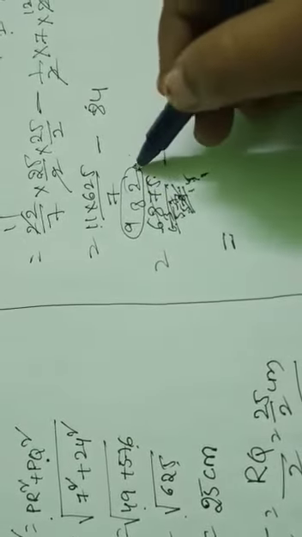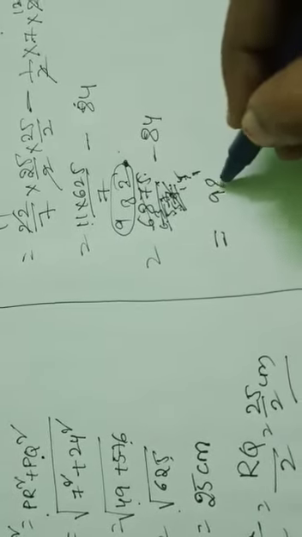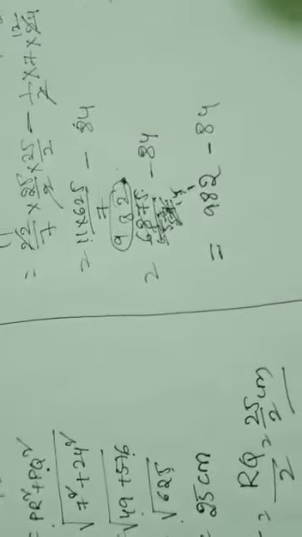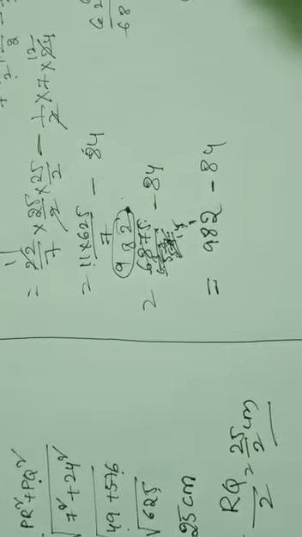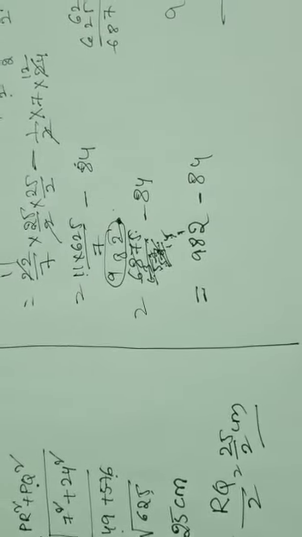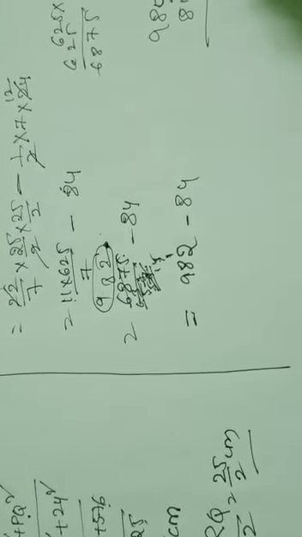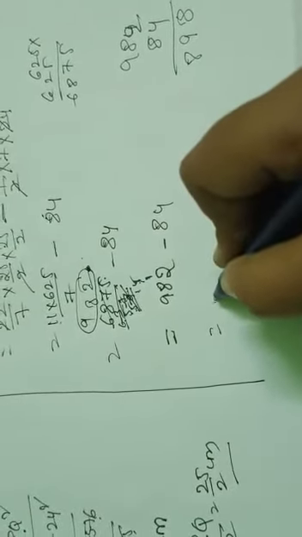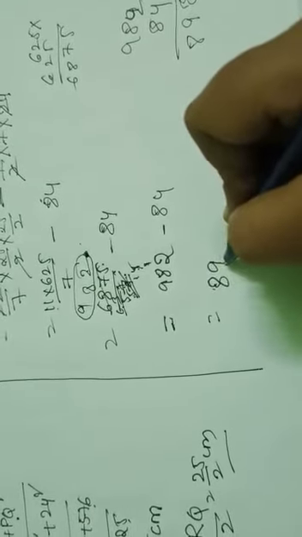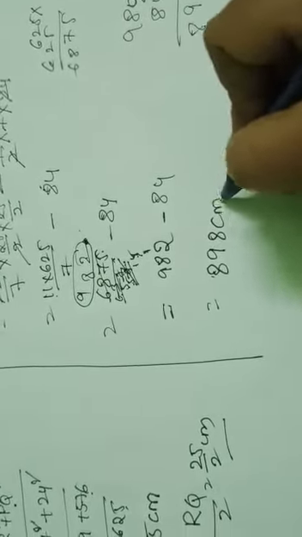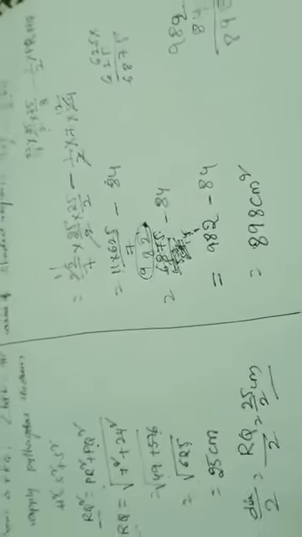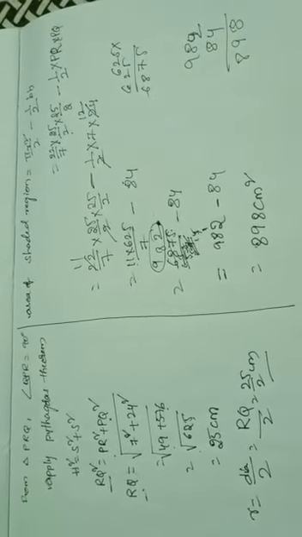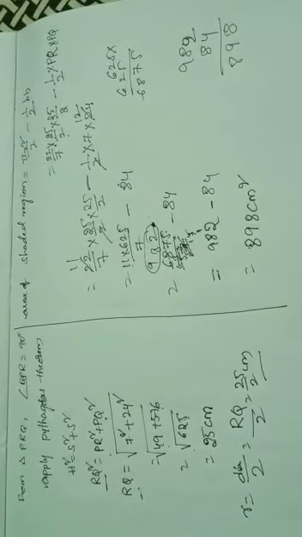Approximately this value equals 982 minus 84, which is approximately 898 centimeter square. Clear? Therefore, the area of the shaded region equals 898 centimeter square.